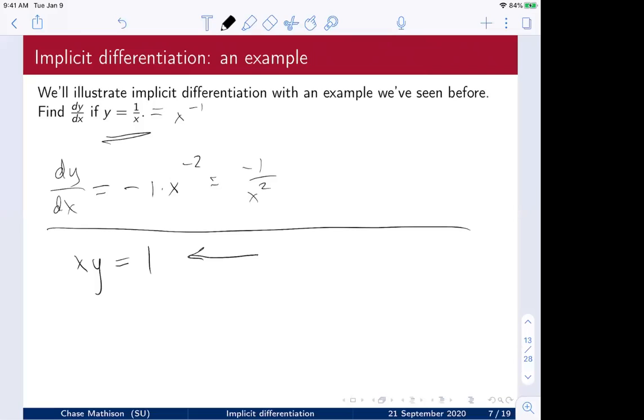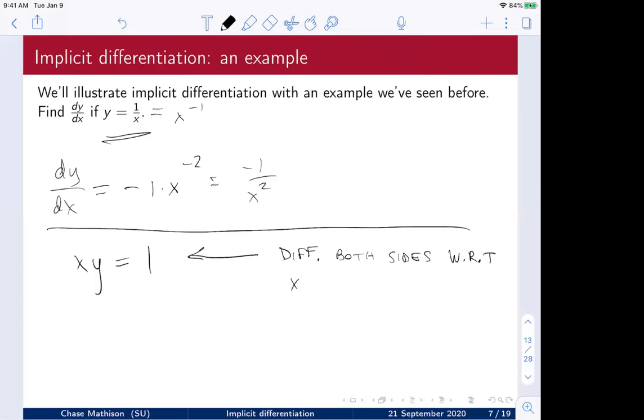And so the whole idea now is I'm going to differentiate both sides of this equation with respect to x. If I ever write WRT, that means with respect to x.